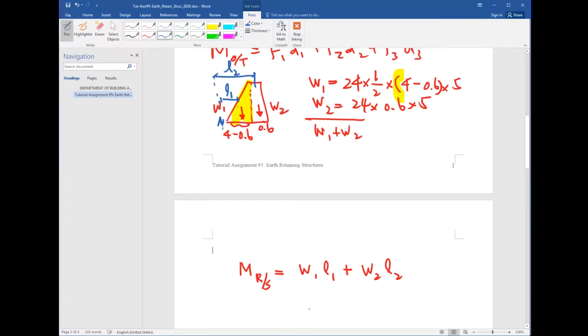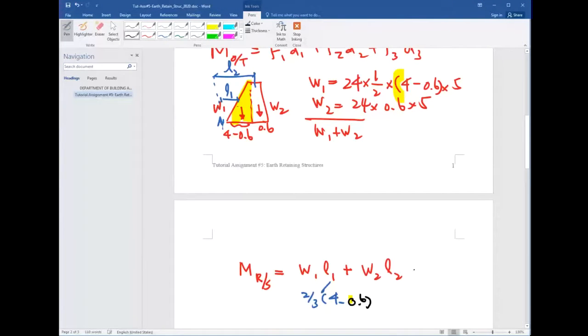Of course, L1 is equal to 2/3. Here's the 2/3. 2/3 of what? 2/3 of 4 minus 0.6, right?